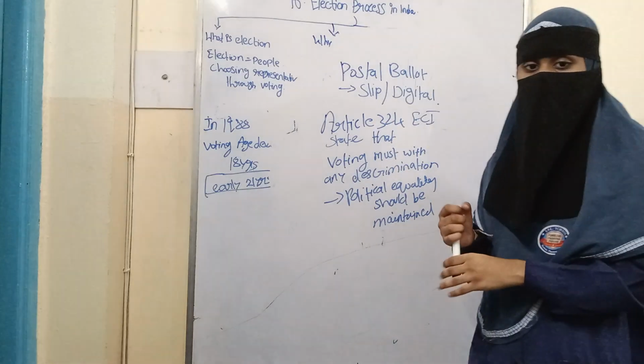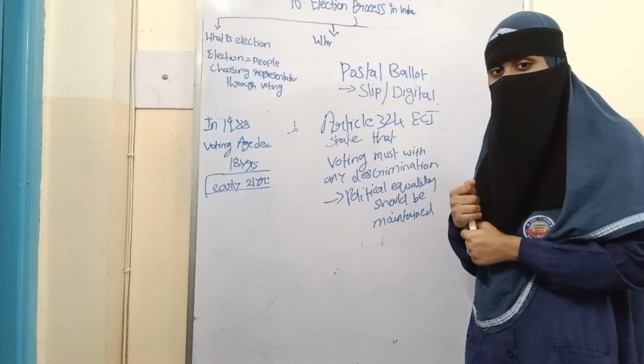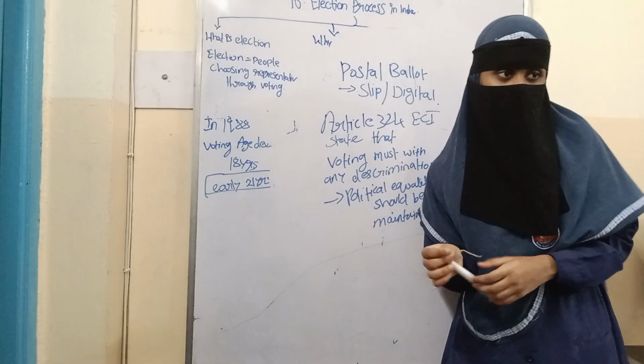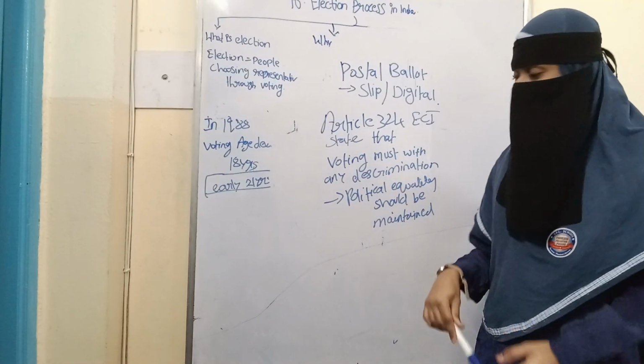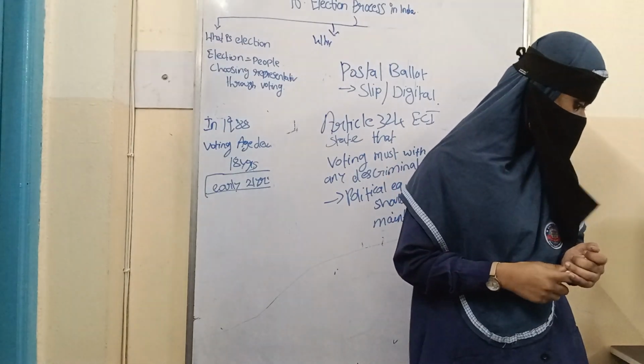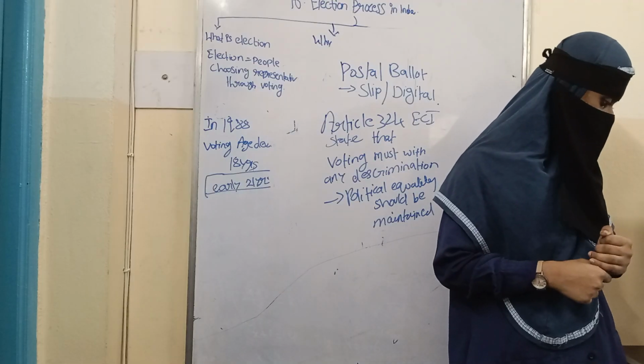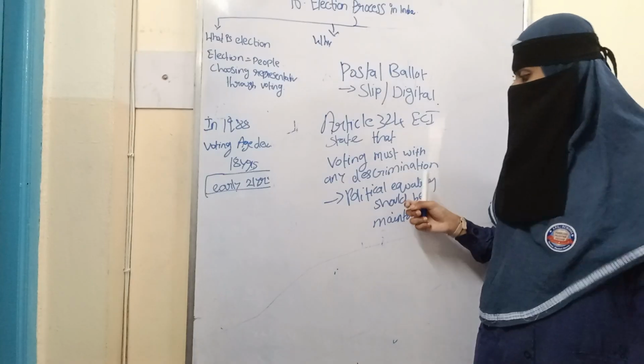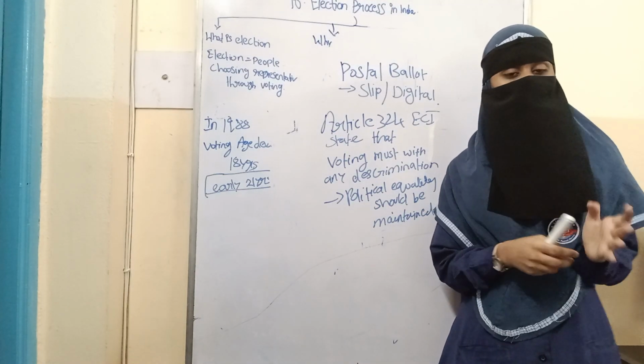The Constitutional Assembly has also stated in the law that voting must be done without any discrimination and elections should be conducted in a proper manner. For example, political equality should be there.